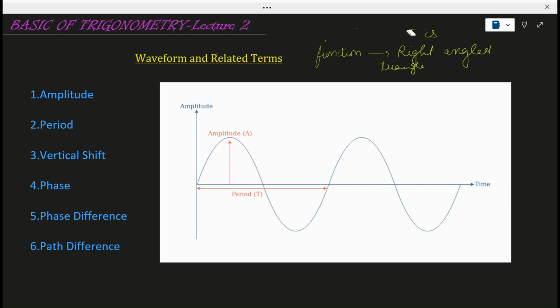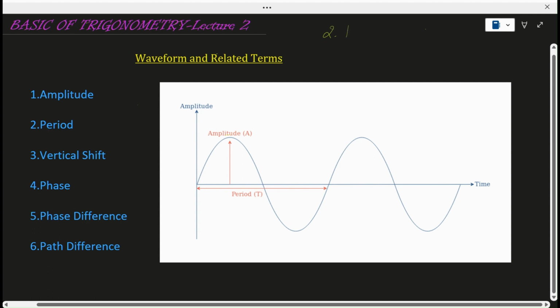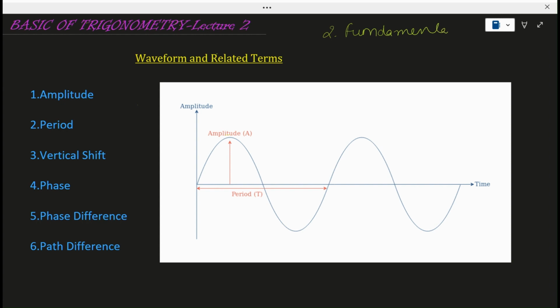The second topic was our study of the fundamental units, that is degree and radian, of an angle, how degree is related to a radian, and how an angle in radian can be converted to degree and an angle in degree can be converted into radian. So these were specifically the two topics we studied yesterday.